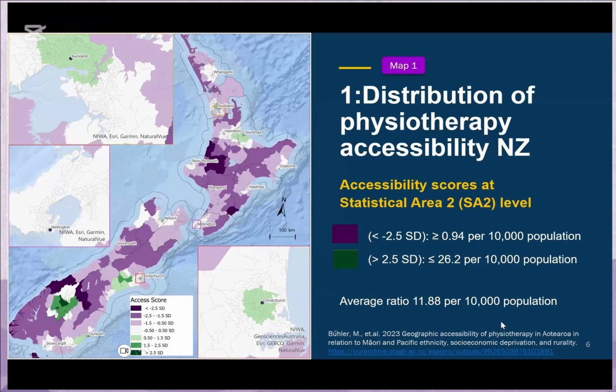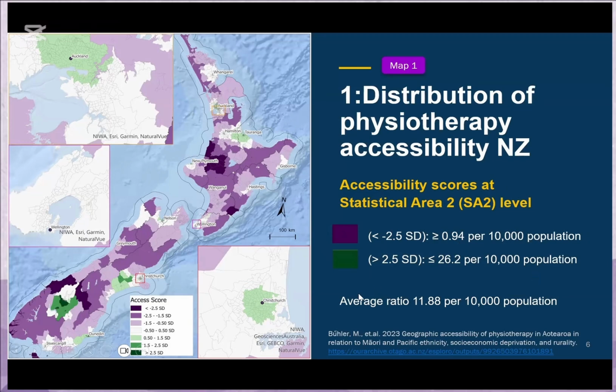So in this first map, you can see the areas of very low accessibility are the deep maroon, and in these areas, the weighted provider to population ratios were as low as less than 1 per 10,000 population, which is much like in developing nations.